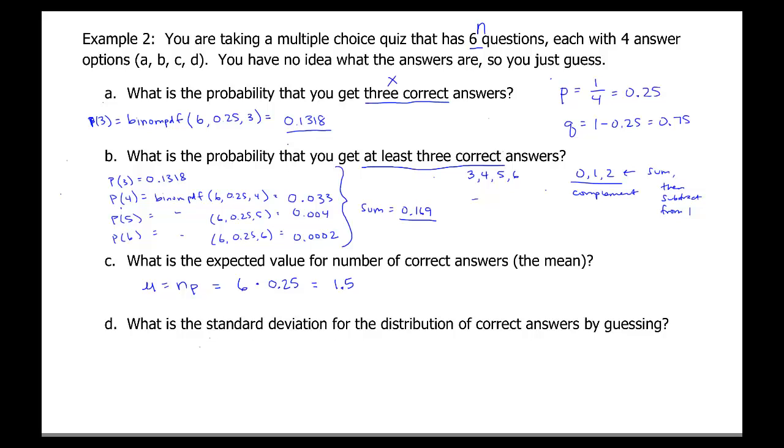And the standard deviation is the square root of n times p times q. So n was 6, p is 0.25, q is 0.75.